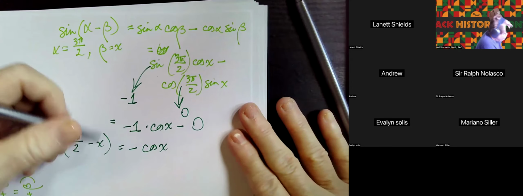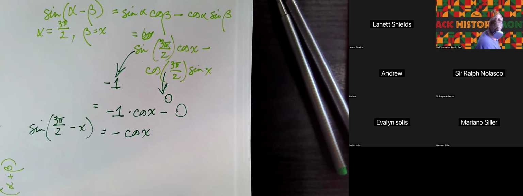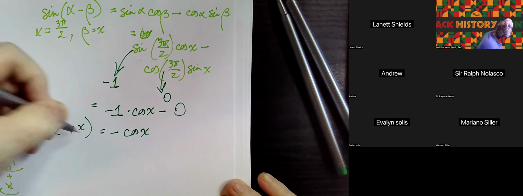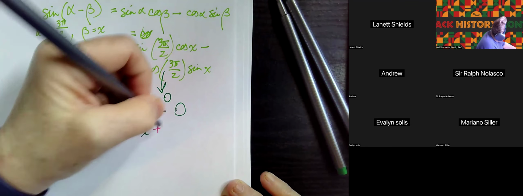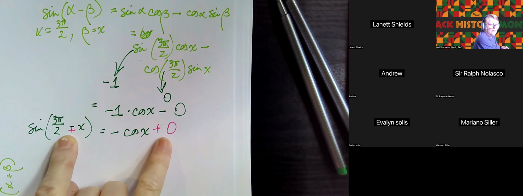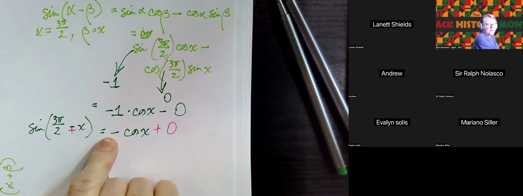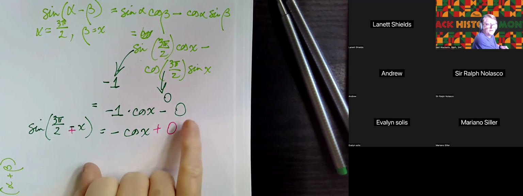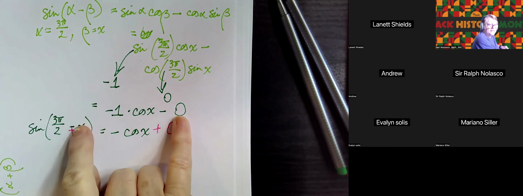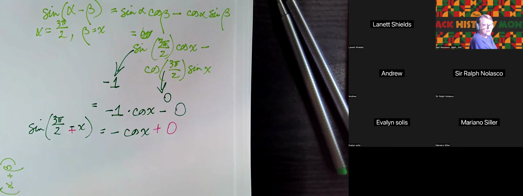Yes. So in other words, regardless of this sign in the middle, the sine of 3 pi over 2 plus or minus x is going to be negative cosine x, because the second term is the only place where the negative sign or the positive sign shows up, and the second term was all 0.